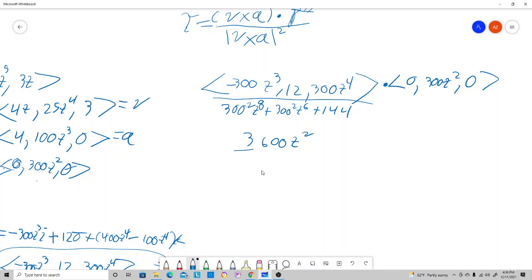This is all over 300 squared t to the 8th plus 300 squared t to the 6th plus 144. And this is torsion.